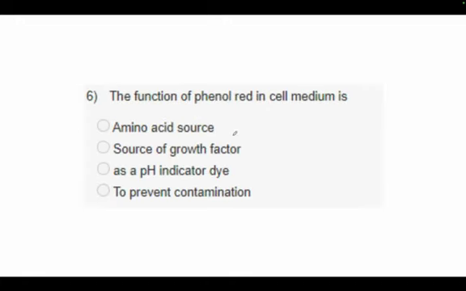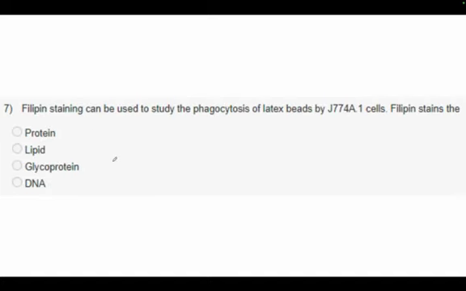Function of phenol red in cell medium is as a pH indicator dye, as we just discussed. Phalloidin staining can be used to study phagocytosis of latex beads by specific cells. Phalloidin stains the actin; you can then see the phagocytosis because you can see it move around to engulf the latex bead.